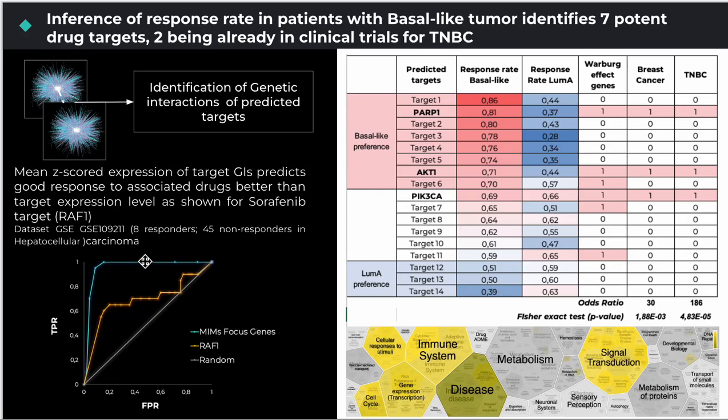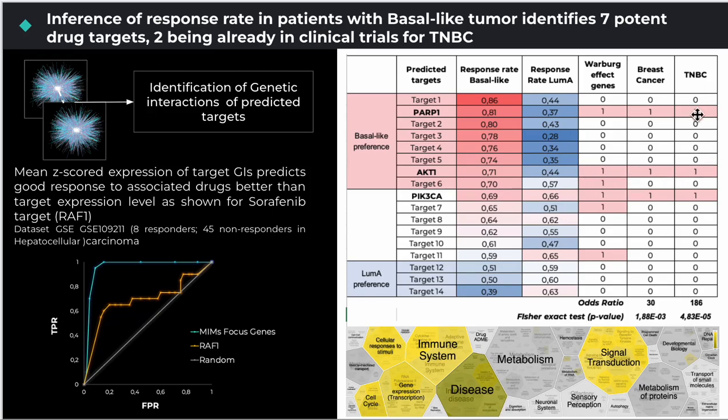So using this methodology, we assess for every one of the targets that we identified whether they have a higher expected response rate in basal-like versus luminal A. And what we've shown here is that we identified 8 targets that have a very high response rate, above 70%, in basal-like and a much lower expected response rate in luminal A.